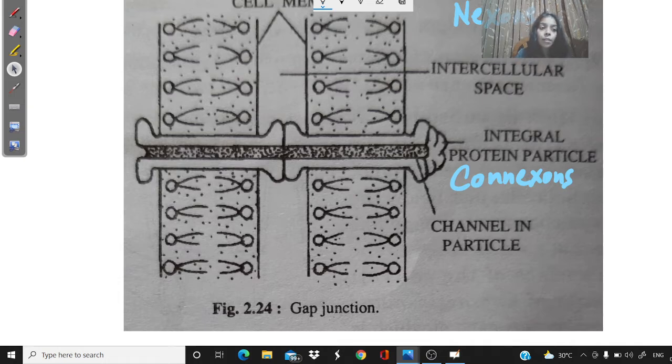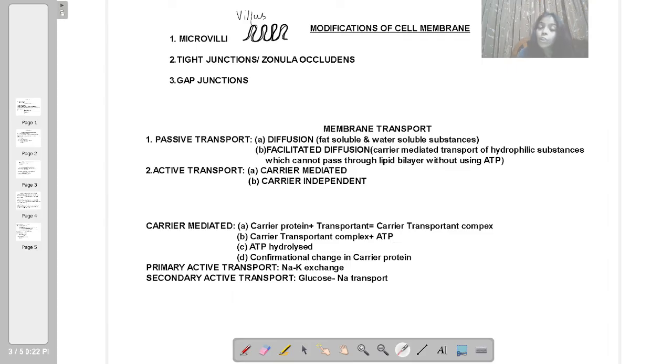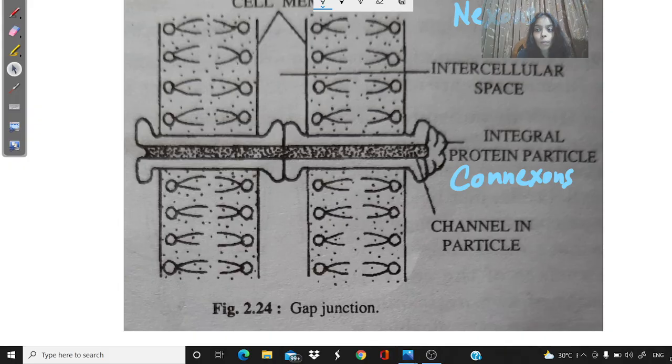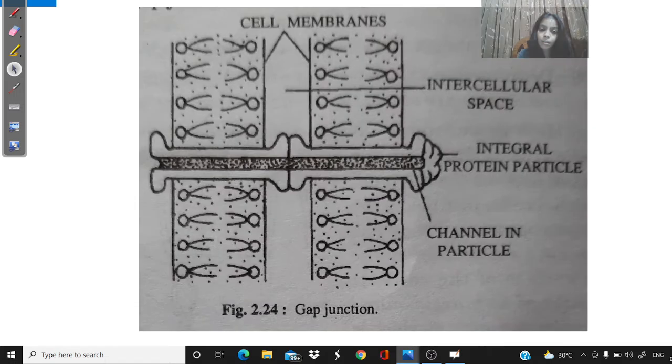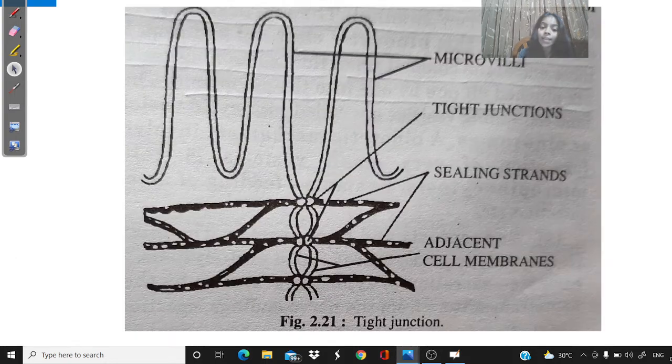Now, another kind of intercellular junction between two cell membranes, you can see, is tight junction. So if I again go back to the pictures, the tight junctions basically look like this. What happens is, see, this is one cell membrane, and this is another cell membrane. Follow the cursor, it will be easier for you.